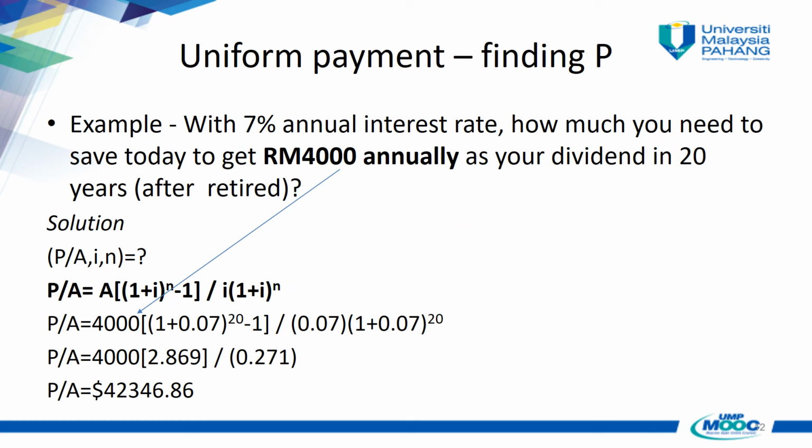Another example where we can use this uniform payment is finding P when we know the interest rate. Let's see the example. We have a 7% annual interest rate, and how much money do we need to save today so that we can consistently get paid 4,000 annually as our dividend for 20 years?